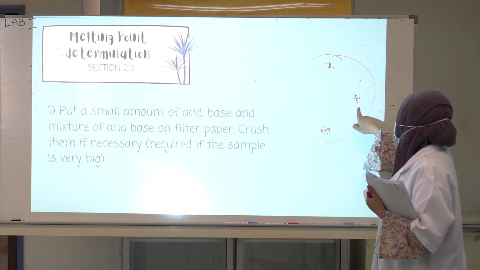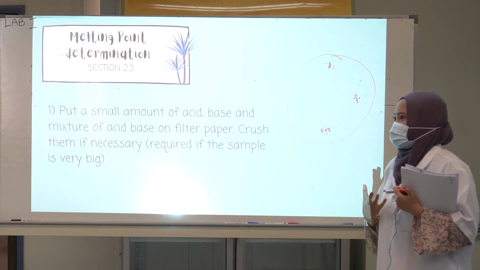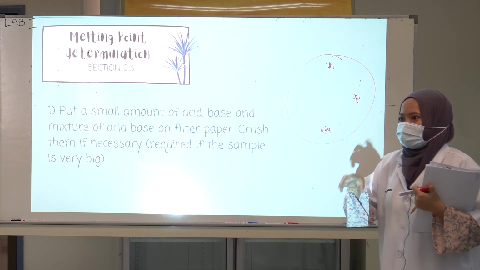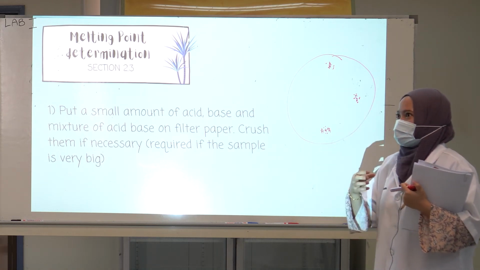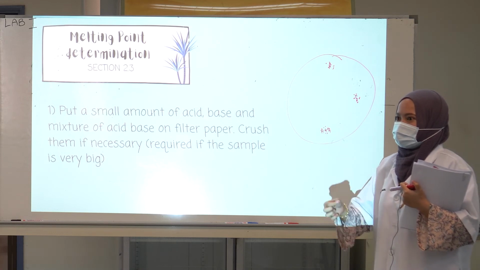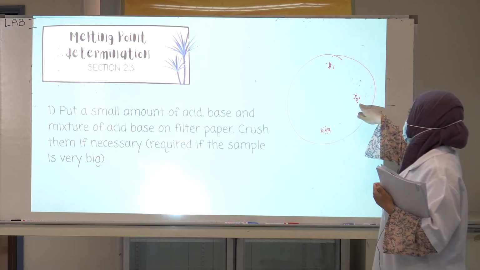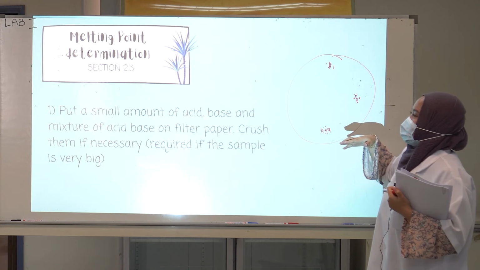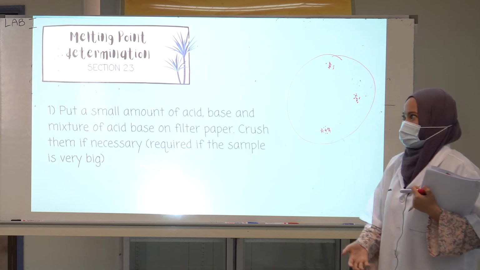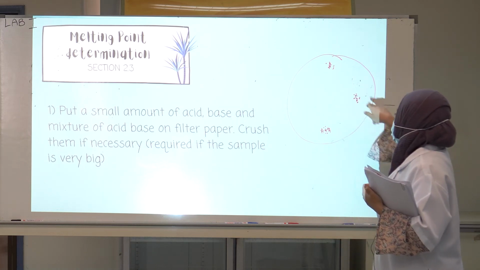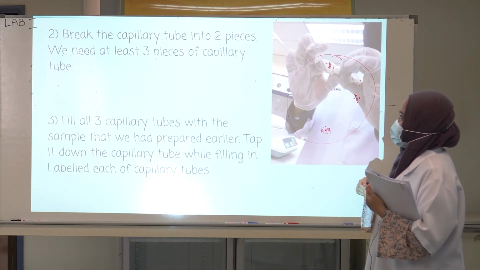For information, if you want to know, the base is actually in big particles. In order to put it in the capillary tube, which is very small in diameter, a big particle cannot enter. So before that, we have to crush the base particles into small particles or powder, and then we can put them one by one into the tube.